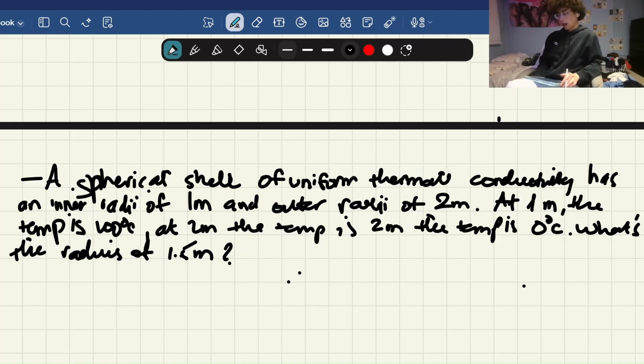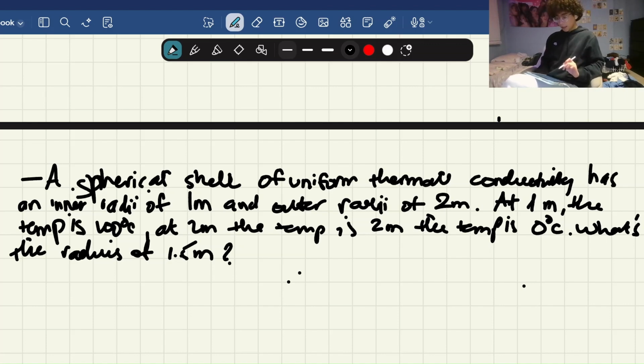So the question we have here is a spherical shell of uniform thermal conductivity. It means the K constant is the same all throughout the shell, and it has an inner radius of 1 meter and an outer radius of 2 meters.